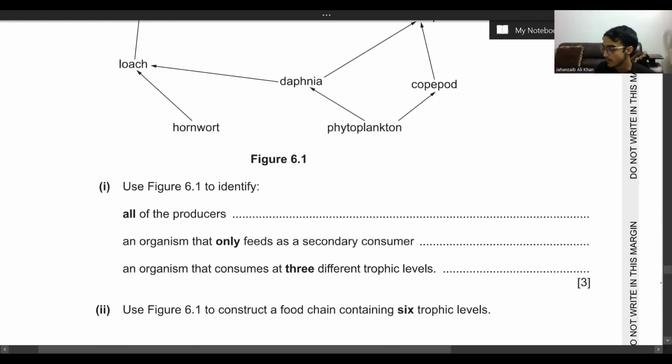Okay, we've got a food web here. We've got to identify all of the producers, an organism that only feeds as a secondary consumer, and an organism that consumes at all three trophic levels.